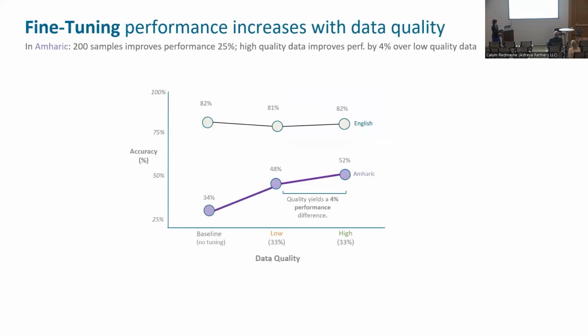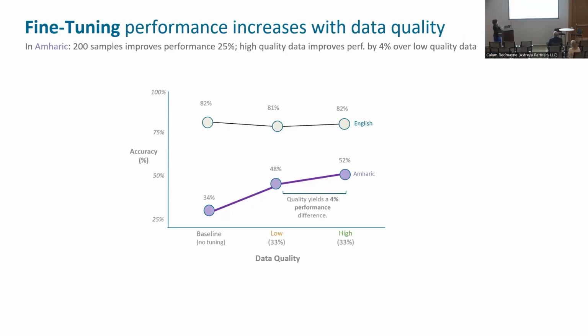So the first result here is looking at the out-of-the-box data quality. What's the accuracy of these models out of the box, no fine-tuning? Then we can look at fine-tuning on the lower third and the upper third of data as deemed by this ChatGPT model. You'll see that there is an accuracy lift for this Amharic language between the low and the high quality models.